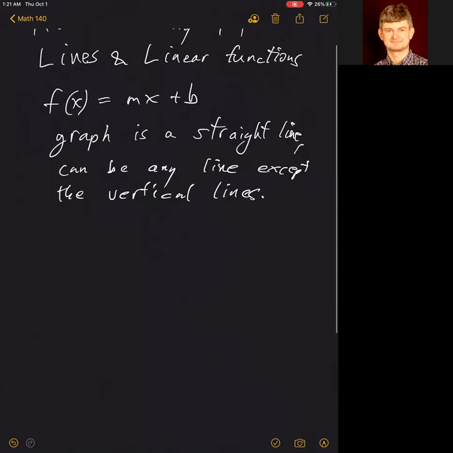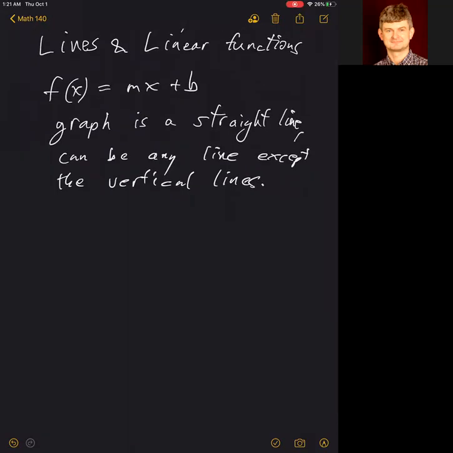What's the deal? To begin with, we can specify a line in many different ways. We can specify it with an equation like this, but we can also specify a line by 2 points on it.